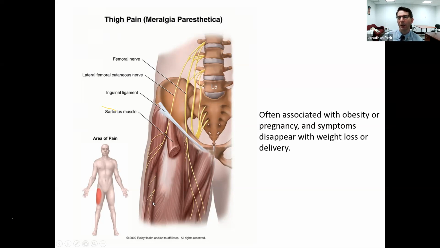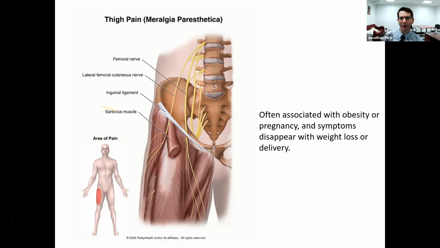And as you know, impingement of this nerve, if someone is obese, in pregnancy, or spends their days in a flexed position for long periods of time, puts pressure over the nerve here, and we get the syndrome of meralgia paresthetica. It's a pure sensory syndrome causing pain and paresthesias of the lateral thigh.